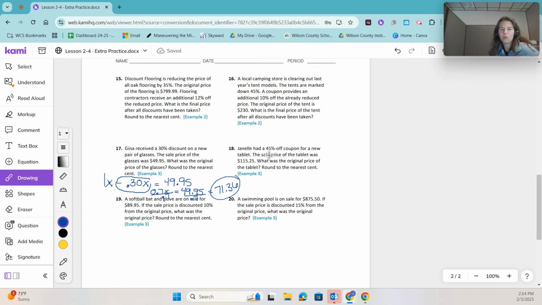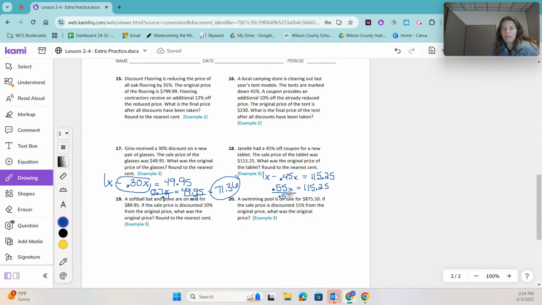Let's try another one just like that. Janelle had a 45% off coupon. The sale price was $115.25. So again, X minus 0.45X equals $115.25. Same thing, I'm going to combine my like terms. 1 minus 0.45 is going to give me 0.55X equals this $115.25.